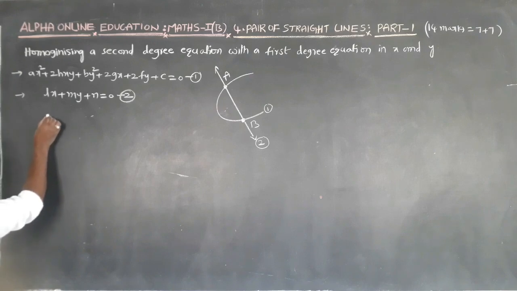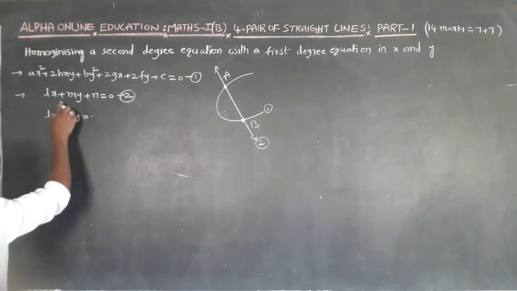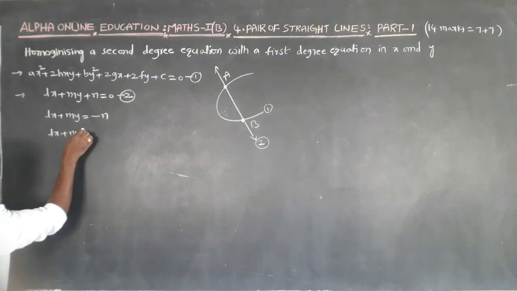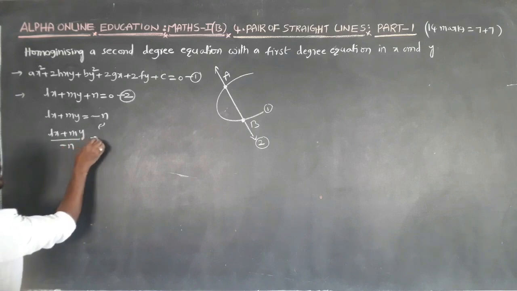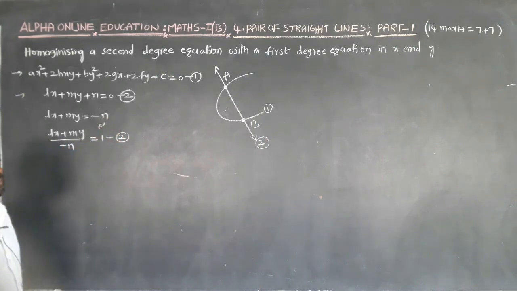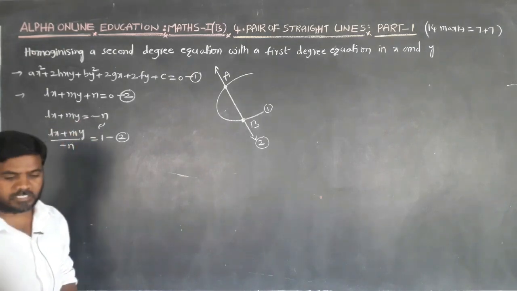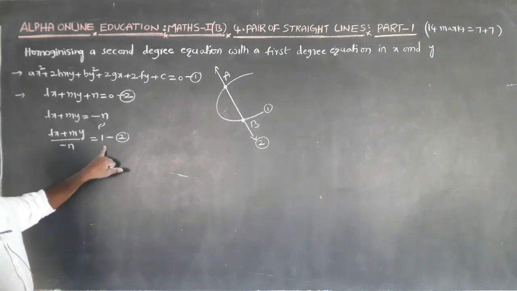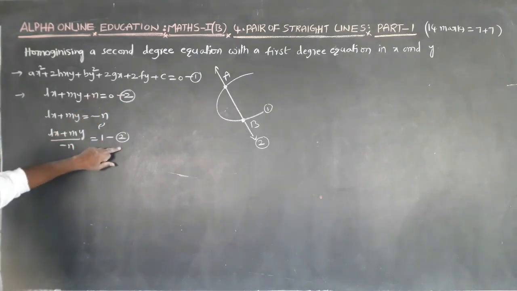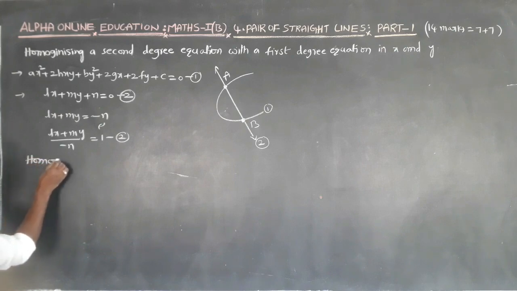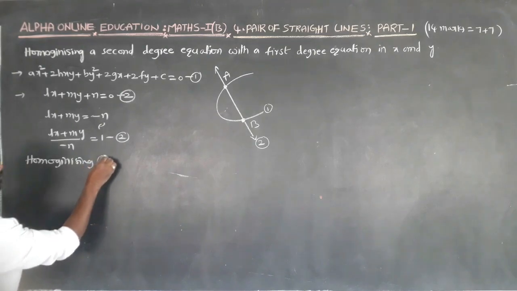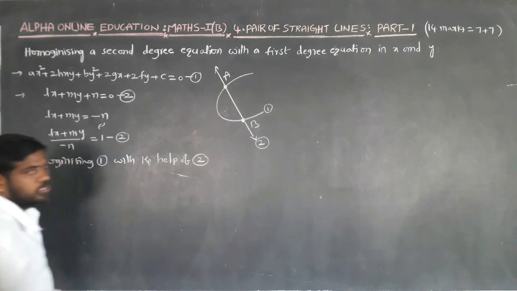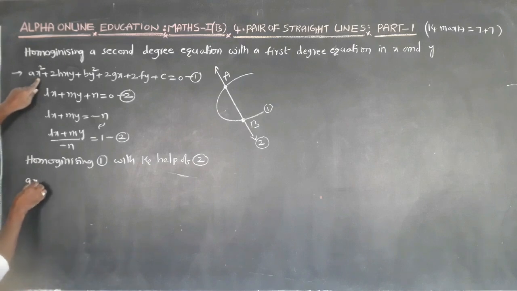First of all, equation 2 can be written as lx plus my is equal to minus n. Taking n to the left side, lx plus my plus n equal to 0 can be taken as lx plus my by minus n is equal to 1. Now, homogenizing 1 with the help of 2.